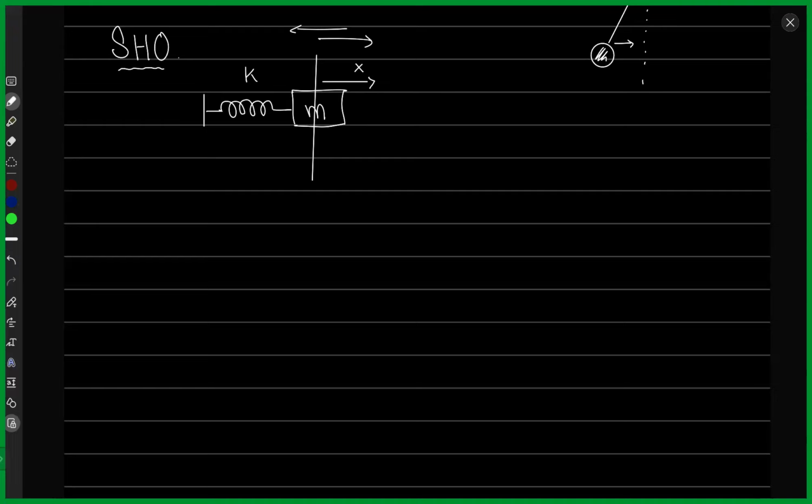All right, so this is a simple harmonic oscillator, and you can write down the equation for force for this thing as well, which is F is equal to minus K times x. The restoring force for such an oscillator is minus Kx, where I have already told you that K is a spring constant, and it's a constant, right?